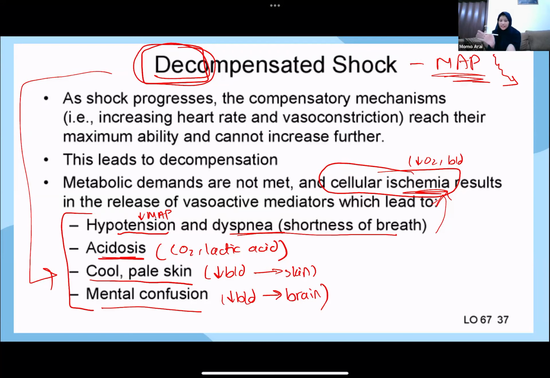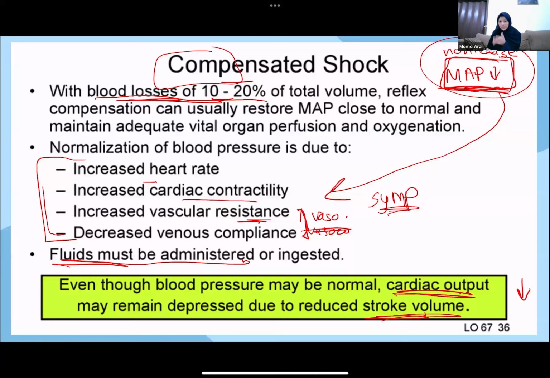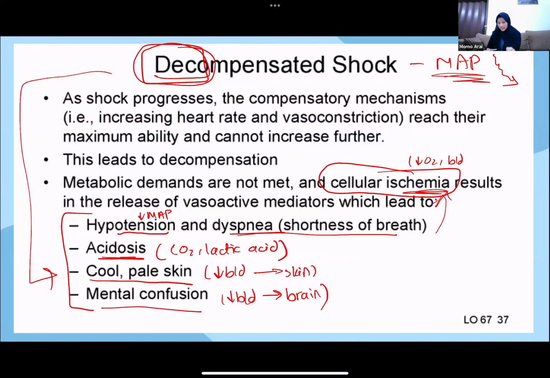Is that all clear? So compensated means MAP is kept constant through all of these mechanisms. Decompensated means it's not being kept constant, it's getting worse, and you have all these symptoms, right? Now, irreversible. In decompensated shock, if you give fluids and manage them in the hospital, you can still reverse it. You can still treat the person from the shock.